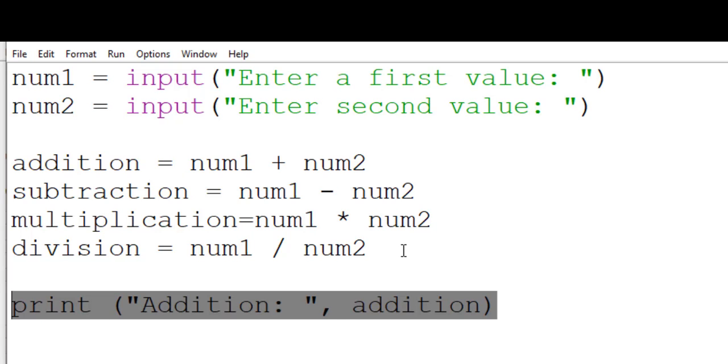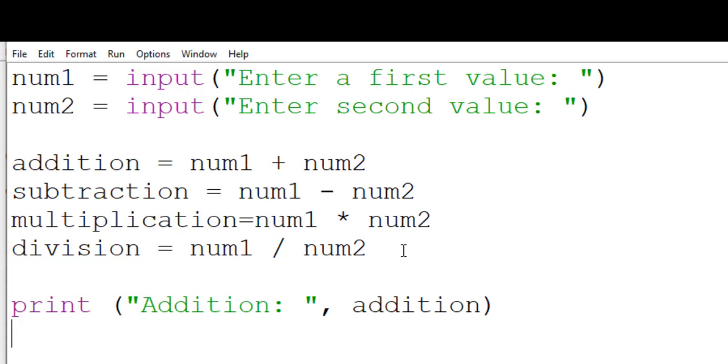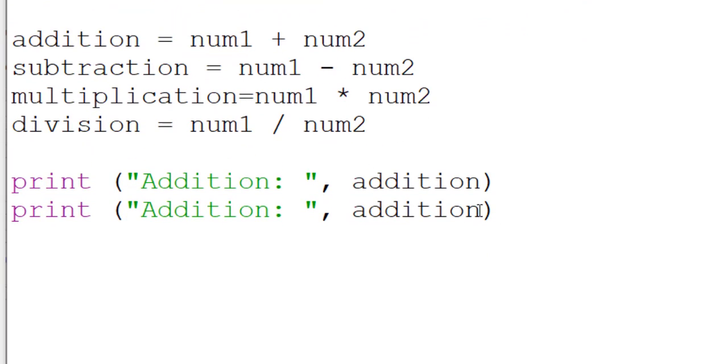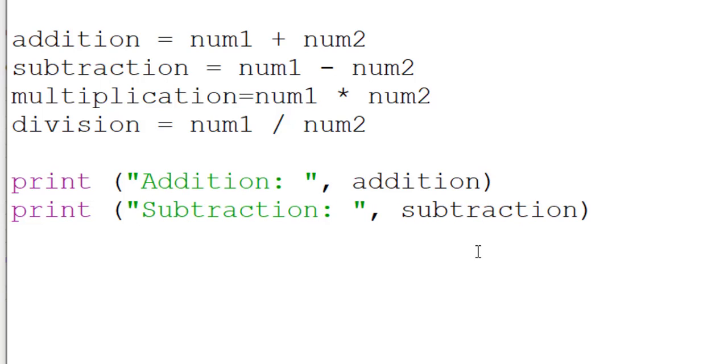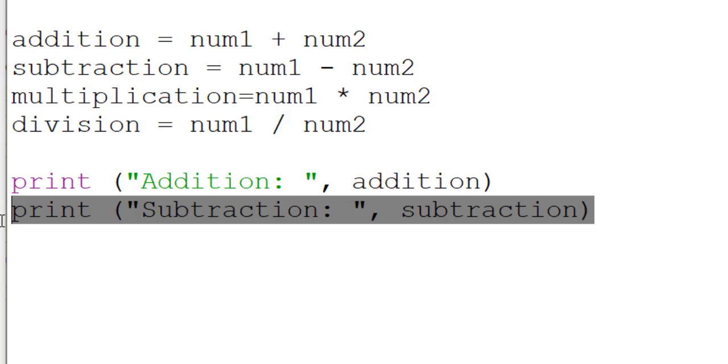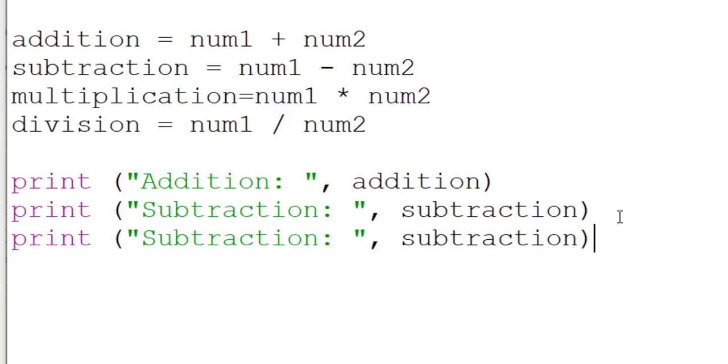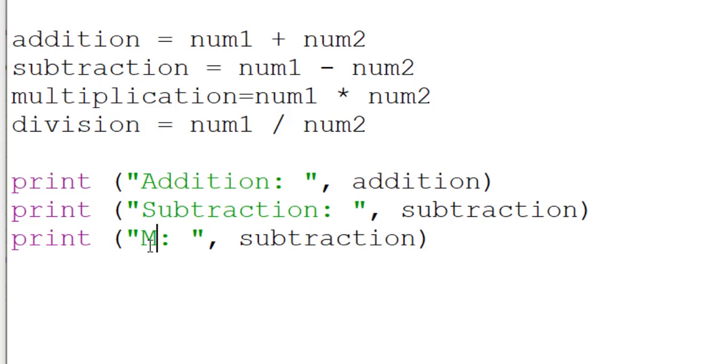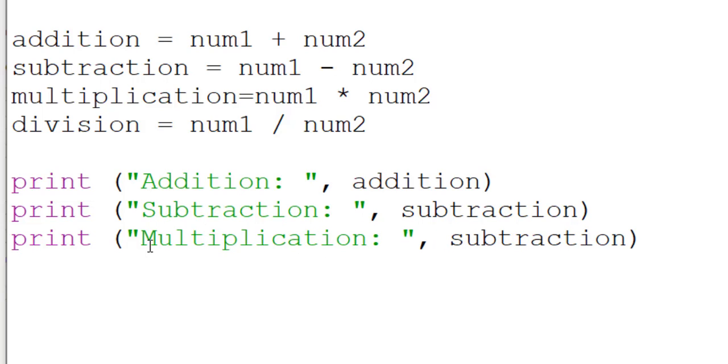I'll just copy this one and put it here, and I will replace this one with the subtraction, and this one, of course, you need to replace with subtraction, etc. Just copy this one, multiplication.